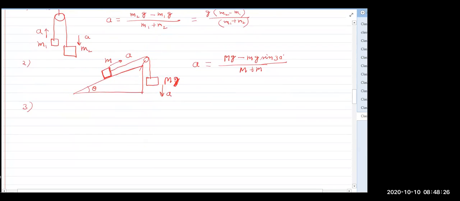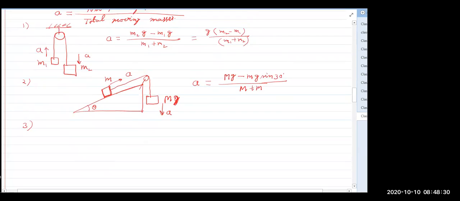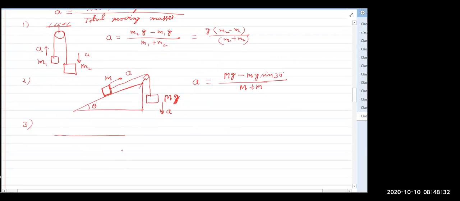Similarly, we can take some examples from friction. As in the last example, suppose we have one object here, and they both are hanging like this.